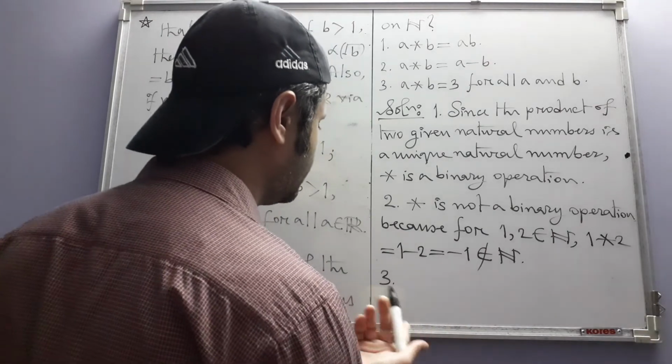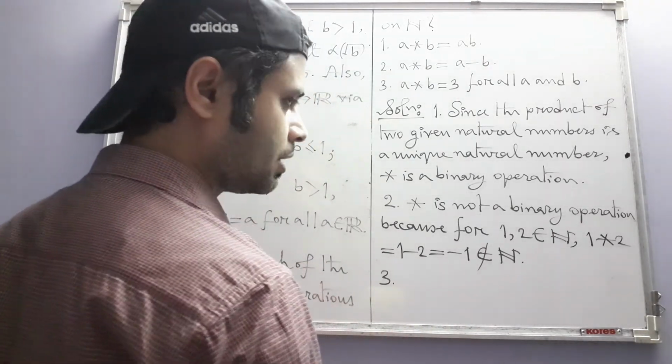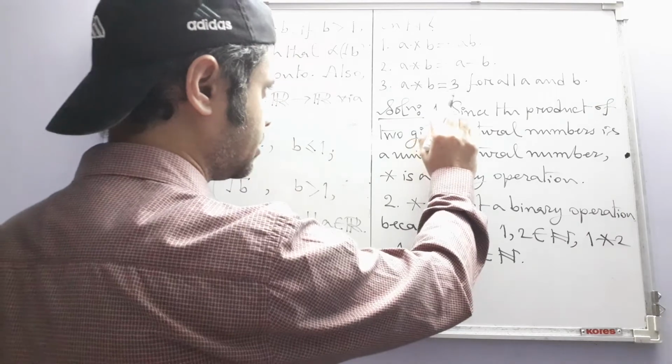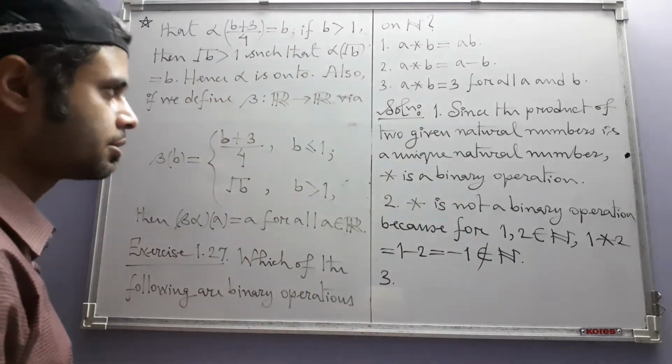The third one is again a binary operation, although it's a very uninteresting and dull operation. Its only output is just 3.